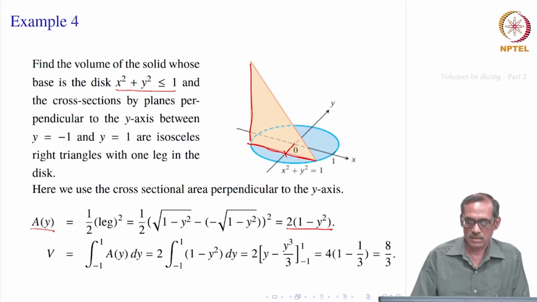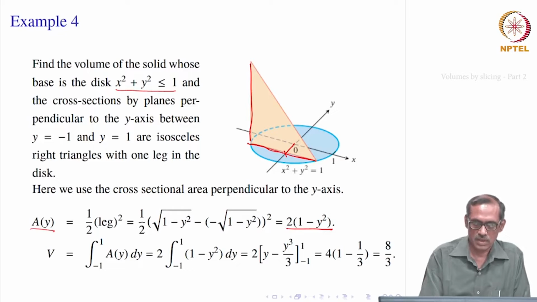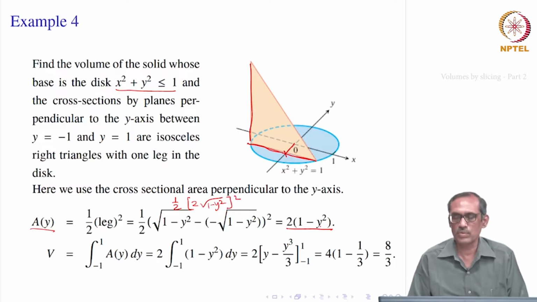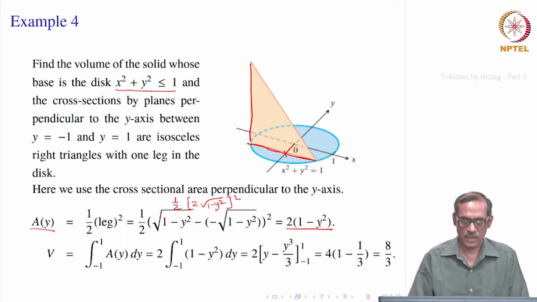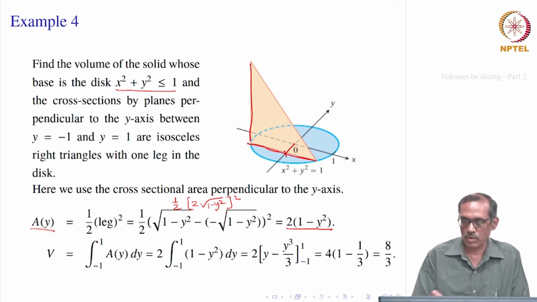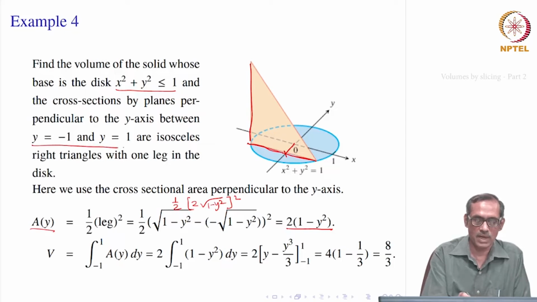So, it is 2 times square root of 1 minus y square, and the leg is equal to that much. So, half leg square will be this one into its square, and that simplifies to 2 into 1 minus y square. So, the cross sectional area we know, then we can compute the volume, and we know the limits for y are -1 and 1.